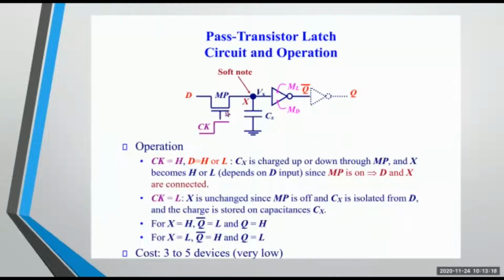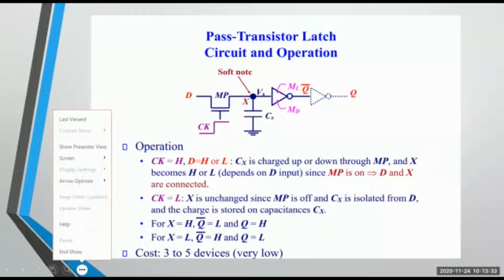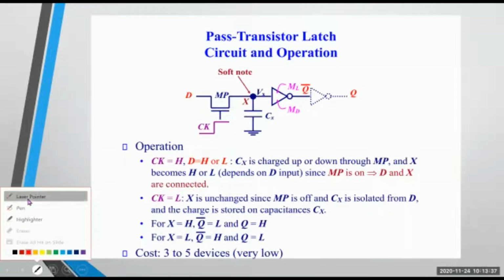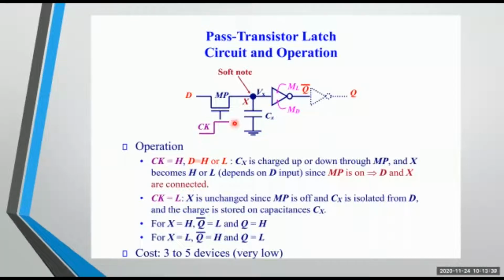See, this is what I was talking about. This is the pass transistor which is of N type, and this is the signal D which you give here as input, and this is a clocking network.